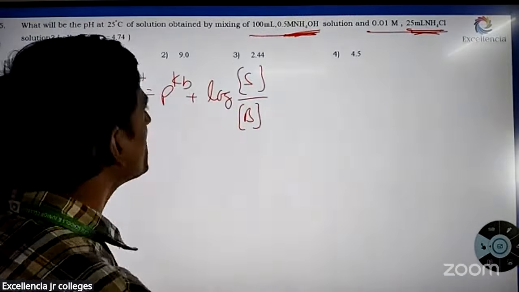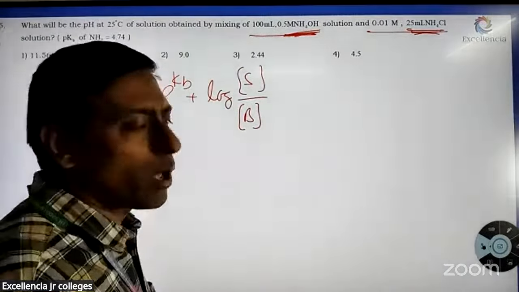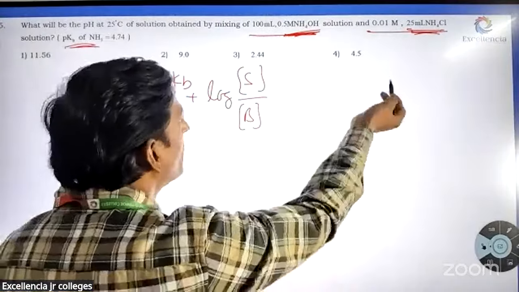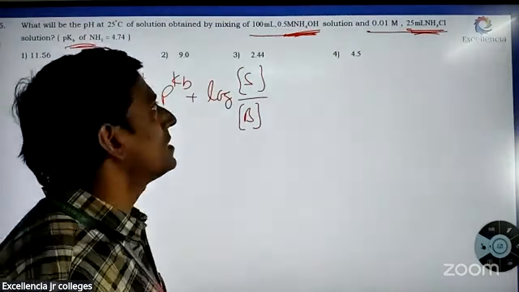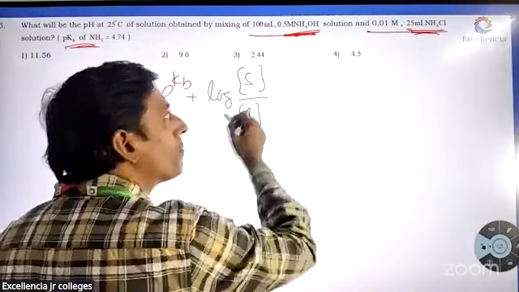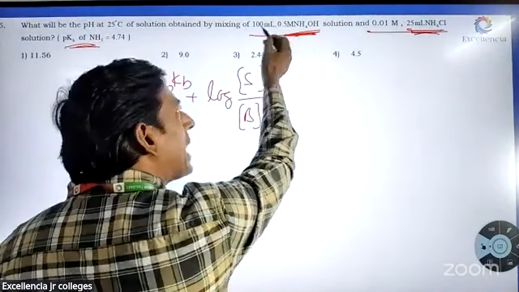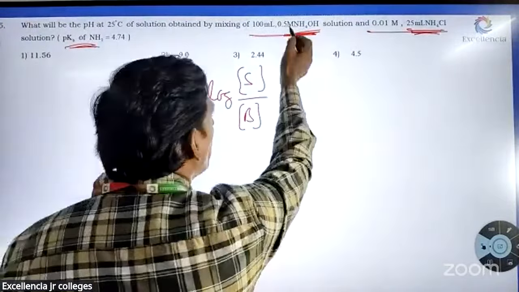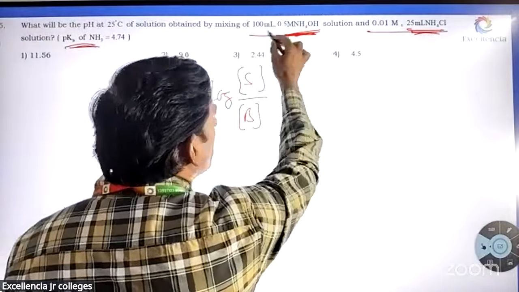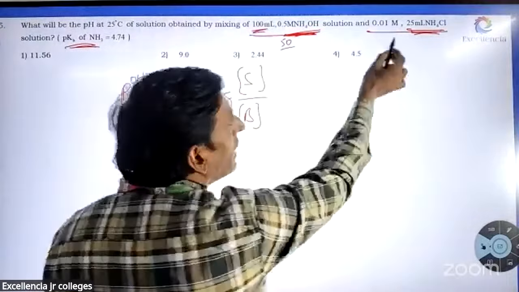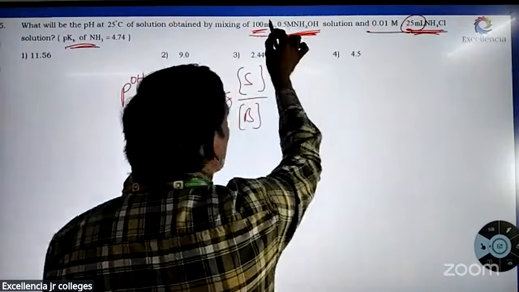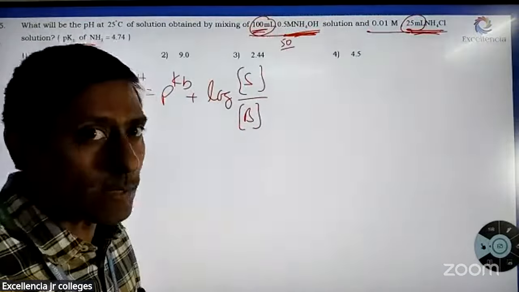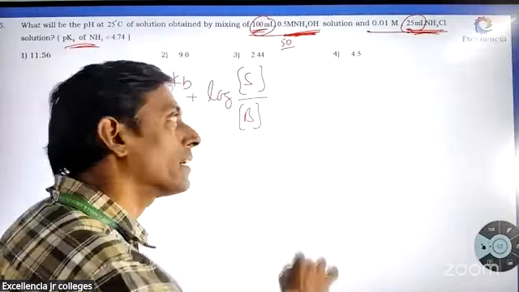Then pKb is given, and for the concentration of salt by base, concentration is number of moles by volume. As volume is in ml, I'll take millimoles. How many millimoles here? 50, and the volume is 100 and this is 25. If you are not concentrating on the question, you'll make a mistake here.